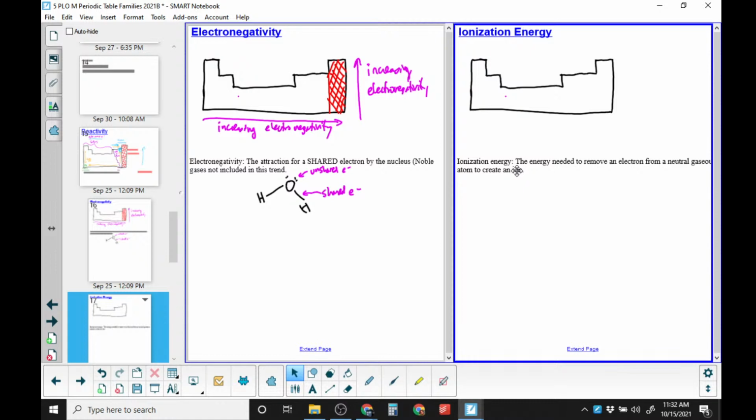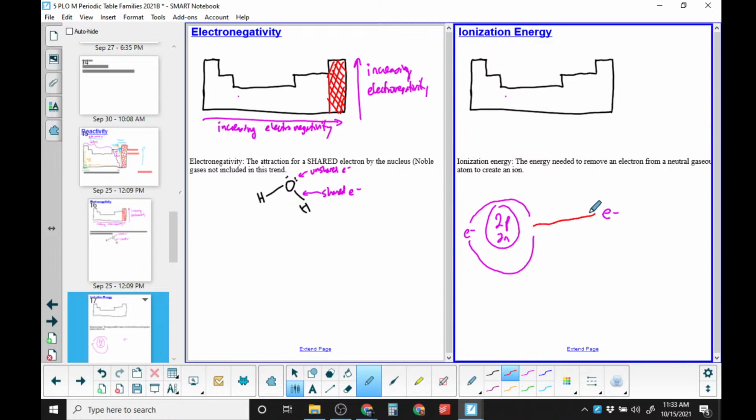For ionization energy, if I was to do it with, say, helium, where I have 2 protons, 2 neutrons, and then I have an electron bound, it's the energy required to rip that away. And we include noble gases in this.